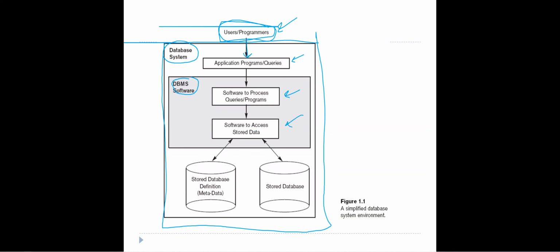In order to access stored data, for example, you're asking to see the lectures on Blackboard for the database course, or for a web-based course. The query has already been processed by the database management system here, and now another software will handle the access to the stored data.